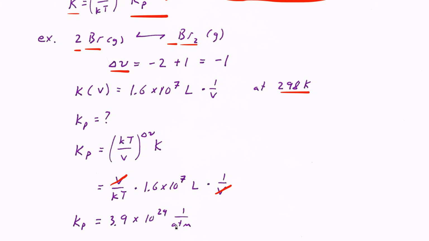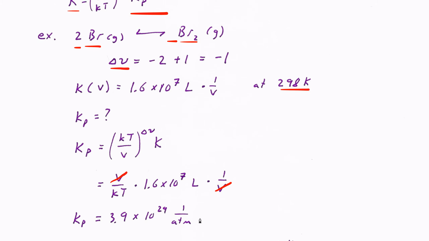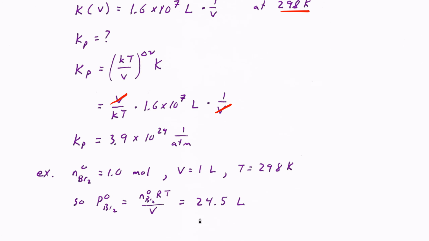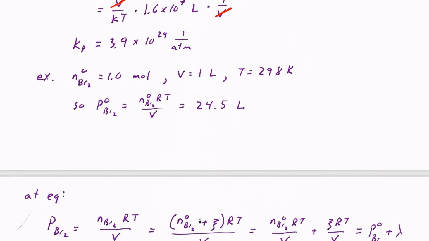The value of Kp, the equilibrium constant expressed in pressures, is just this value regardless of what volume I'm doing the reaction in. So it's this value in a 1 liter box or a 10 liter box or a 50 meters cubed box, which is one reason it's very convenient to work with Kp rather than the equilibrium constant written in terms of moles.